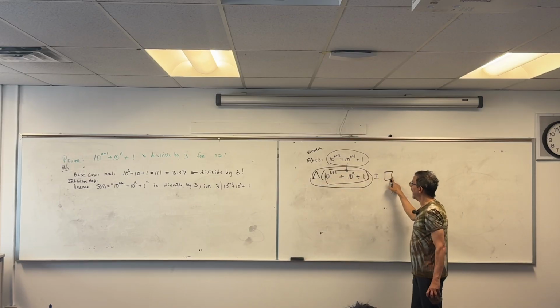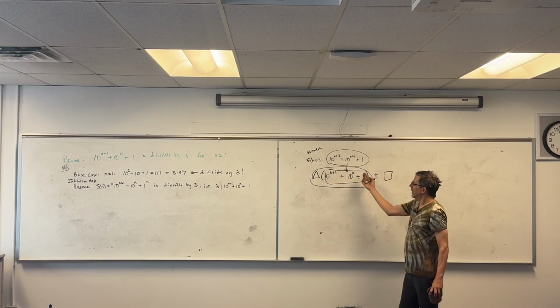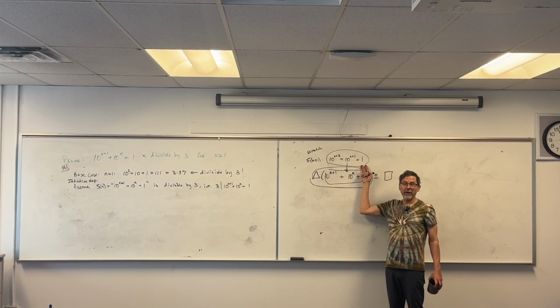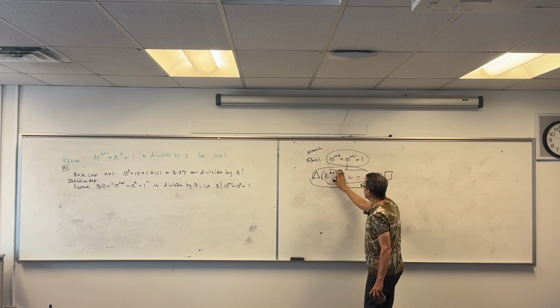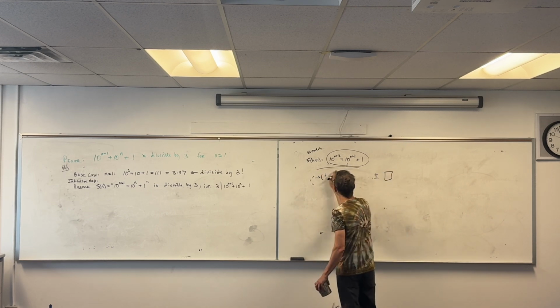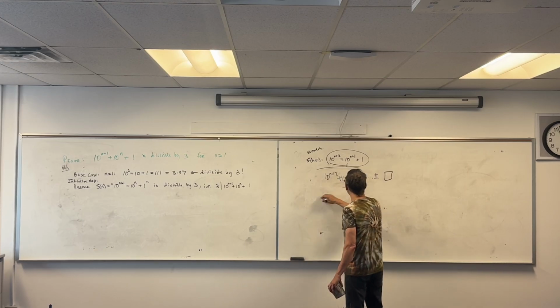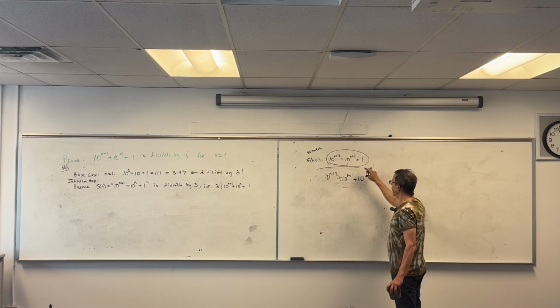And then what do you have to balance? What can I almost factor out? 10. But I can't factor 10 out of 1. But I could factor 10 out of what? 10. So what if I did that? What would need to be here to balance and make sure it's the same thing?